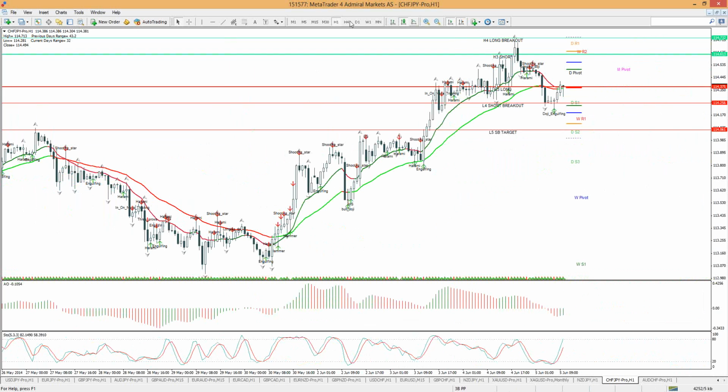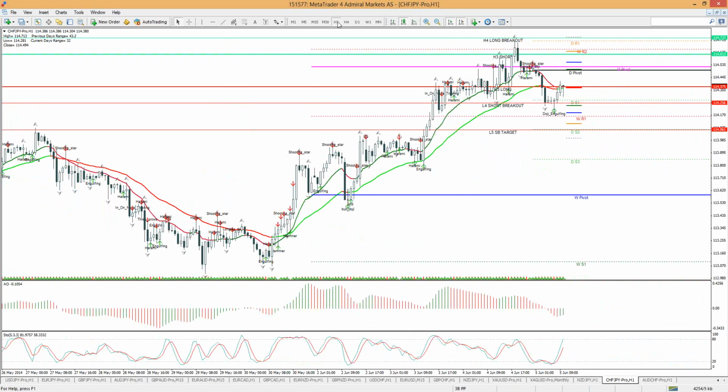Yeah, that has major resistance above it, the daily and monthly pivot point confluence at 114.50. That already alone would be enough for me to not be that interested in longs at the moment.